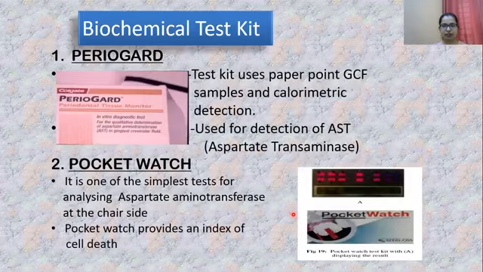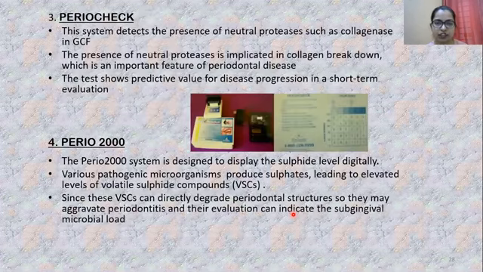Next, we have biochemical test kits. In biochemical, first is Periogard, which uses paper point GCF samples and colorimetric detection, mainly used for aspartate aminotransferase enzyme. Then we have Pocket Watch, similarly, which is used for the enzyme called aspartate aminotransferase. Perio Check is mainly helpful in the determination of the presence of certain enzymes like collagenase.